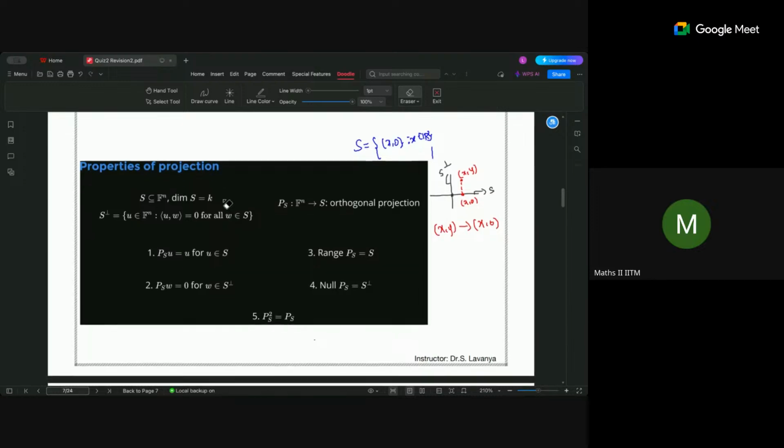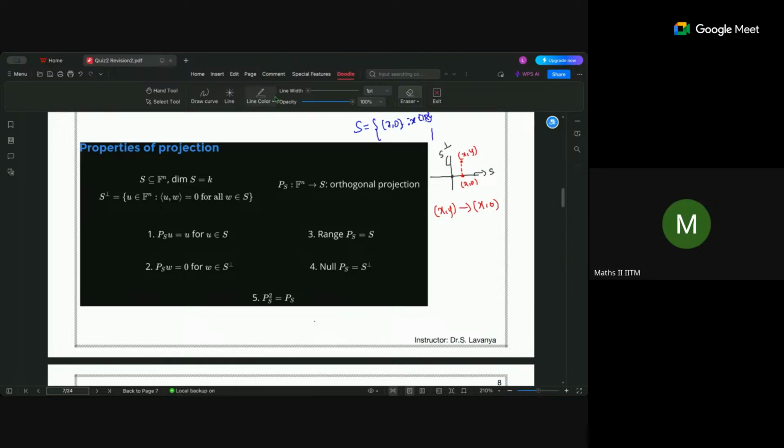Okay, fine. Now let us ask a simple question. Let us say you have a subspace W, and PW is the projection of R3 onto W. This is an orthogonal projection.